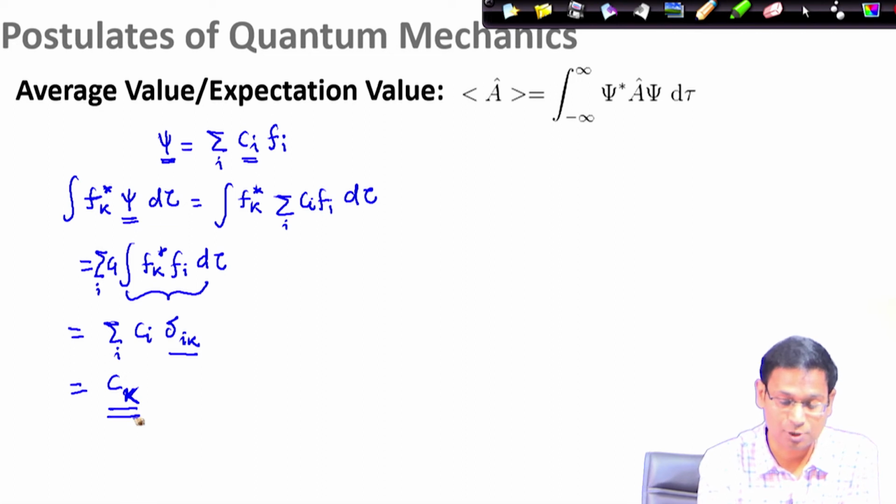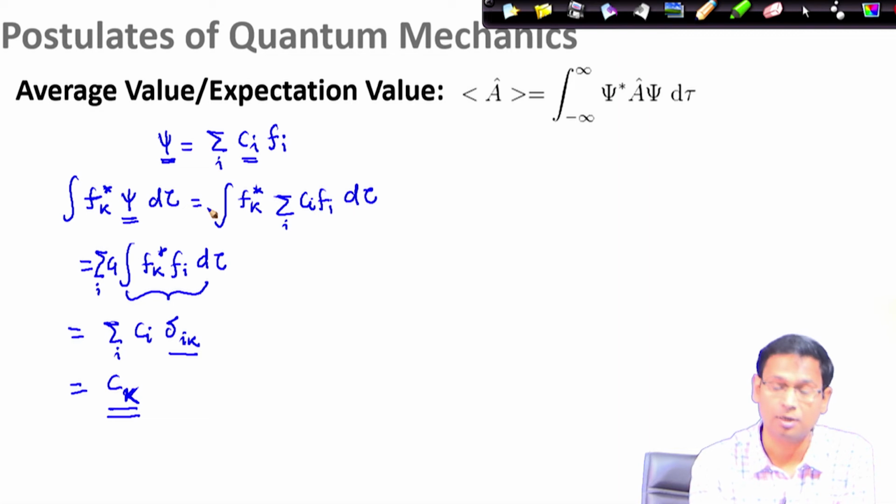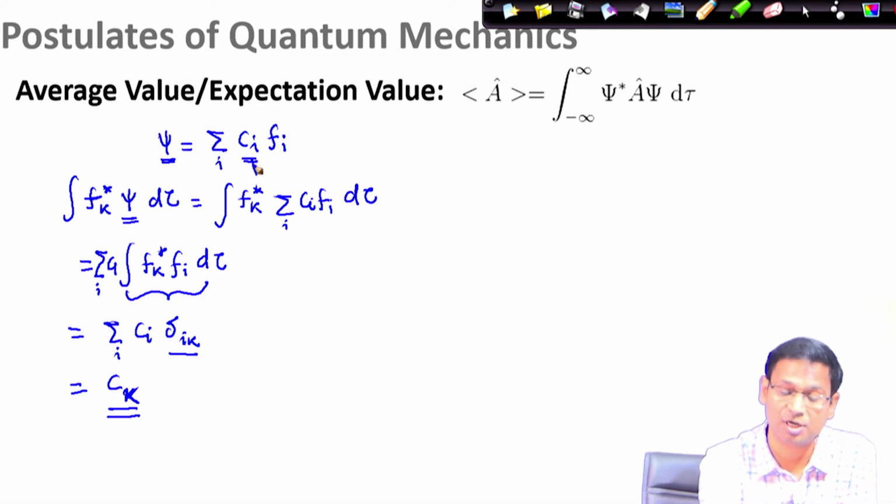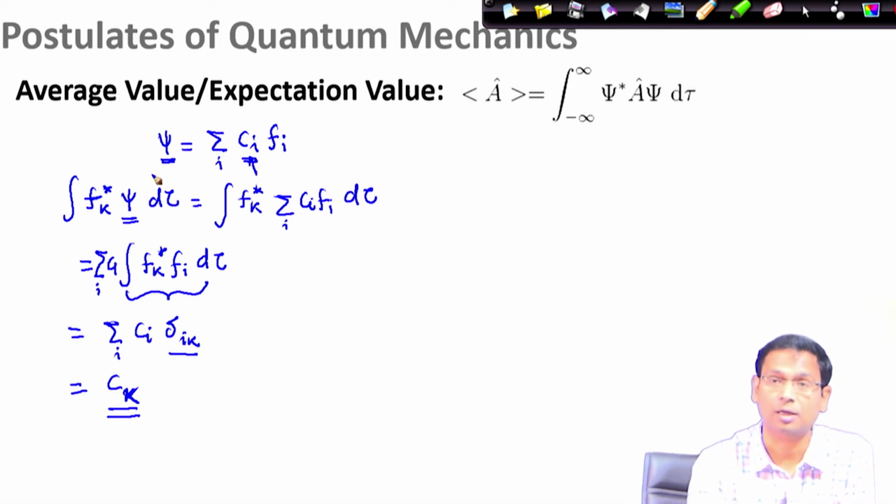So, I actually have some idea about this Ck, which is the coefficient in this linear combination that I am expressing the wave function with, and Ck is the coefficient corresponding to the eigenfunction f k. Now, I got some idea about this Ck. What does this tell me?